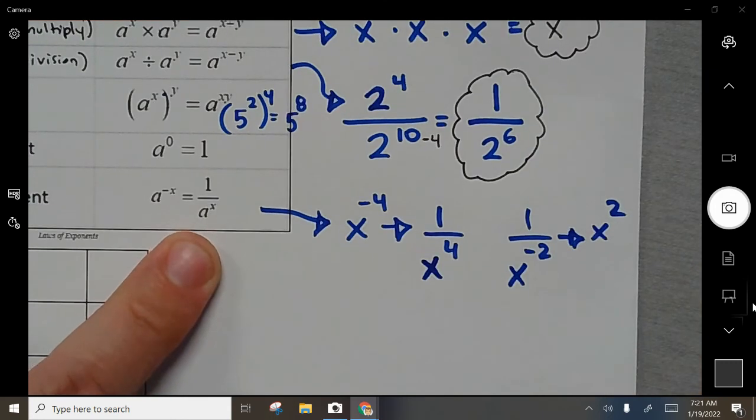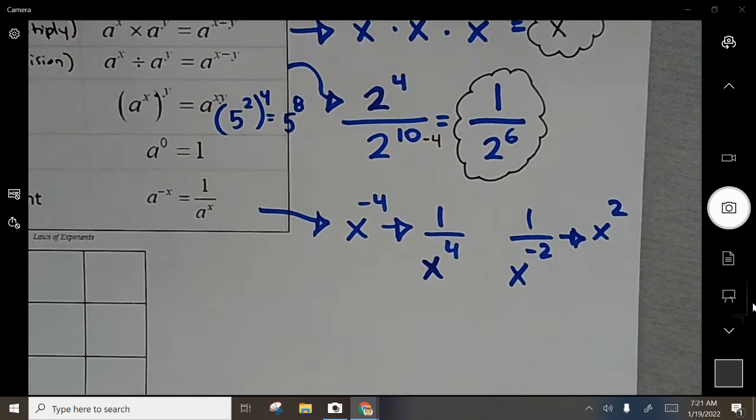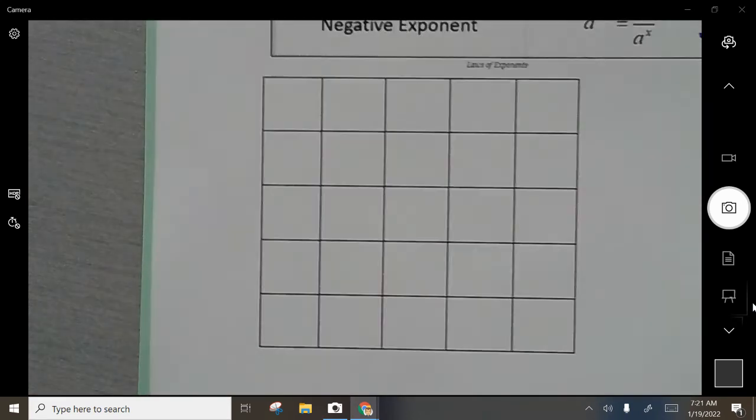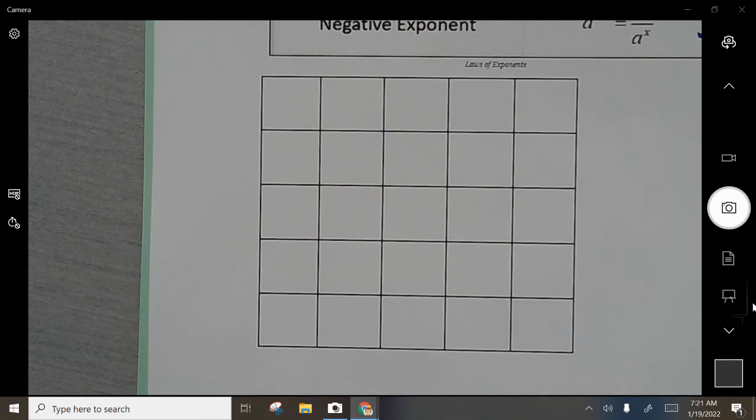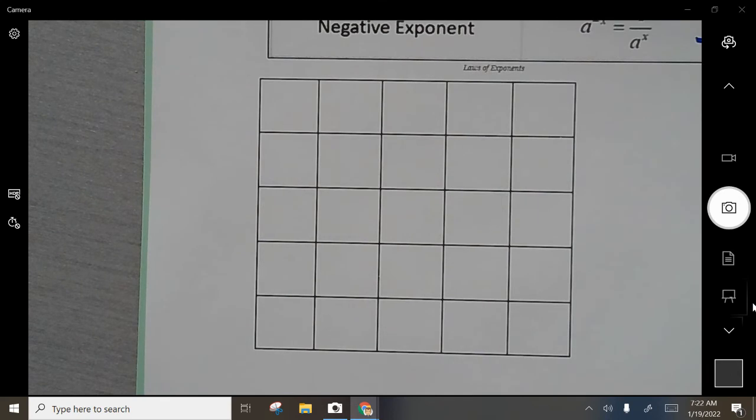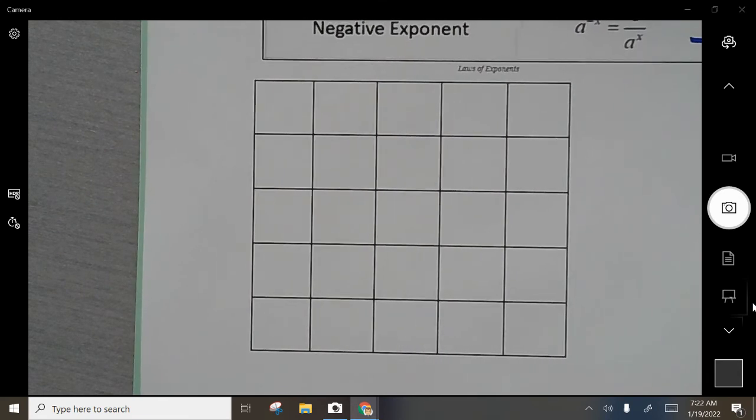All right, little review. Now let's go ahead and play our game. You have a board of 25 squares. I want you to go 1 to 25 in your own order using each number only once.